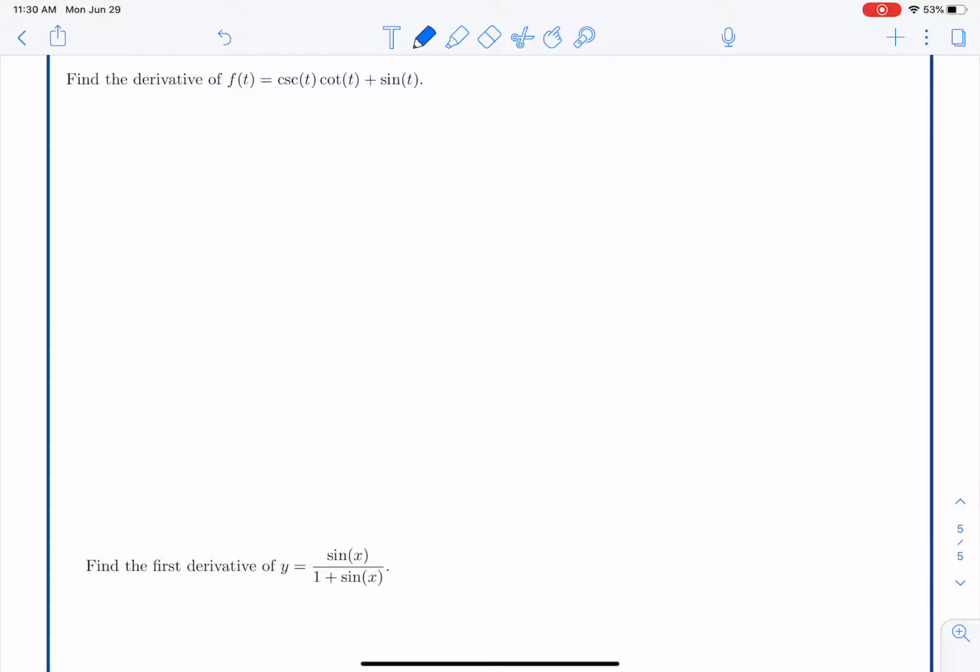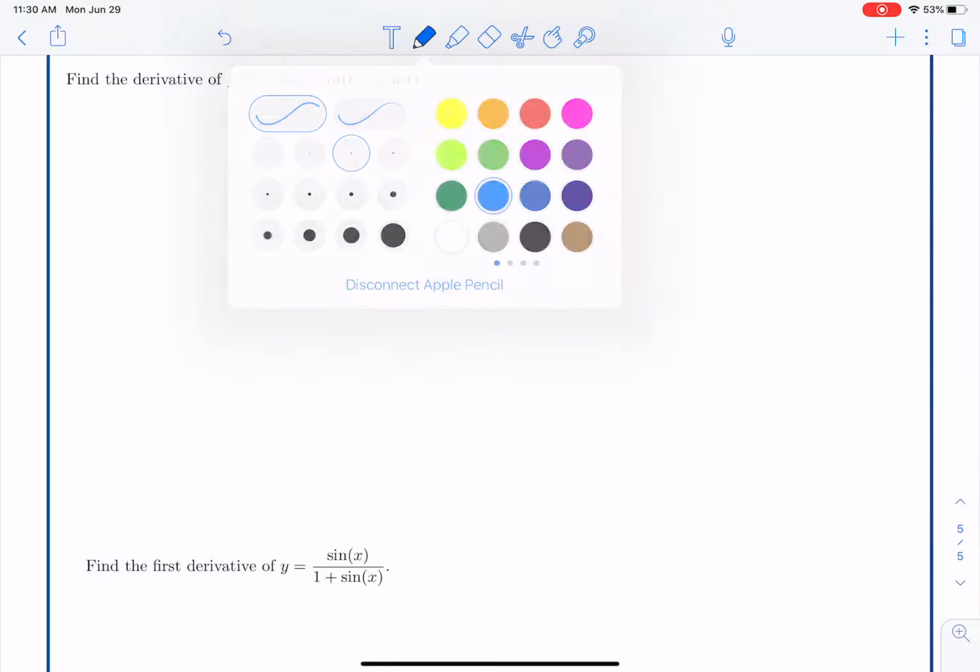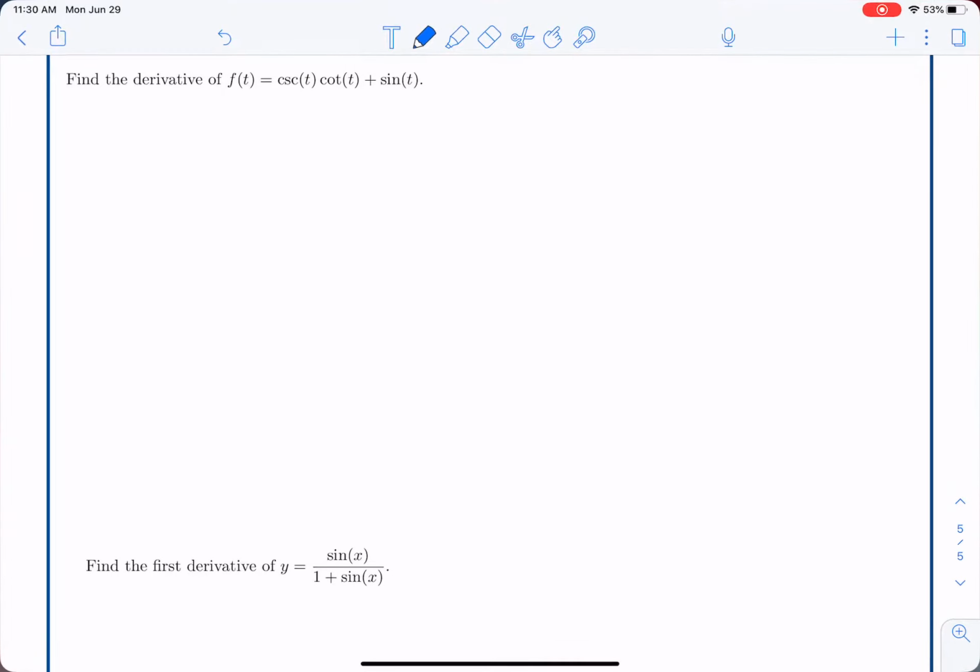So here we want to find the derivative of cosecant t times cotangent t plus sine t. So we have two parts. So we have to use product rule for that part, and a direct derivative for sine t.